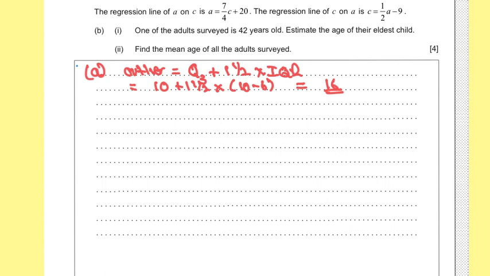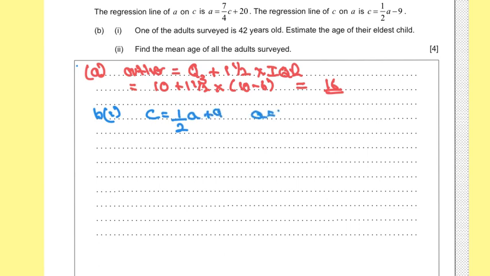In part B, one of the adults surveyed is 42 years old. Estimate the age of their oldest child. So B part 1, we're going to use the formula C, because we want the age of a child, is equal to a half A minus 9.